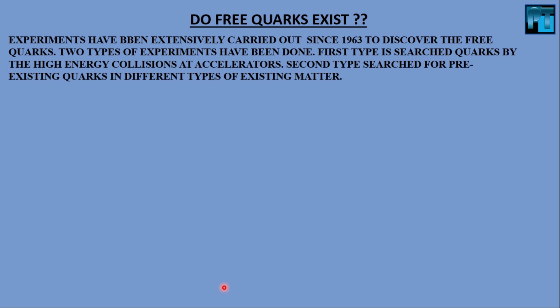First type is in high energy labs, by collision at accelerators, and second type is a search for pre-existing quarks. Pre-existing quarks in soil sediments and of sea, the sediments of oyster, the cosmic ray shower, the moon rock or the meteorite rocks, everywhere, if there are some free quarks obviously, but till date none have discovered any free quark yet.